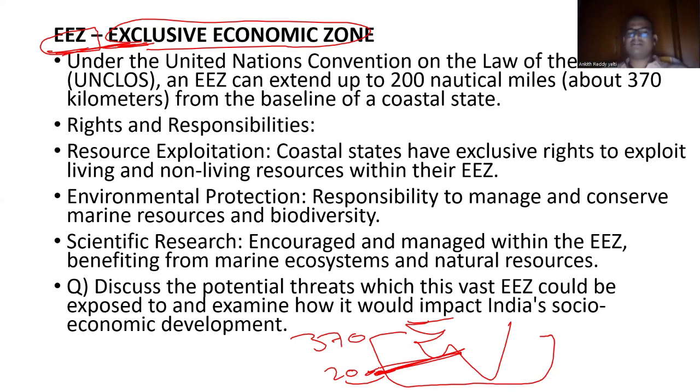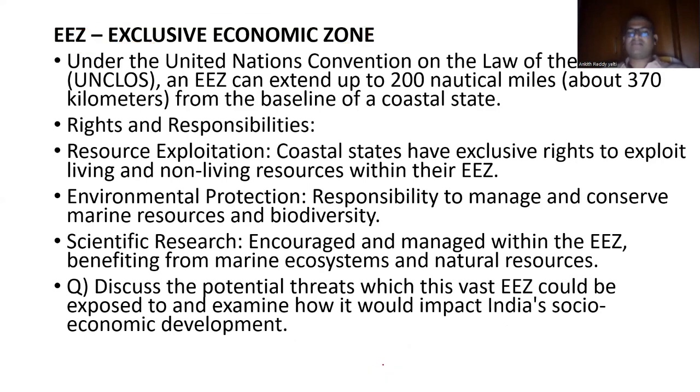In this region, the particular country gets rights over the living and non-living resources, and the responsibility of managing and conserving them. In the territorial region we have absolute rights; as you move from the territorial region to the exclusive zone, the rights reduce. But of course, environment protection and scientific research can be done in that region.